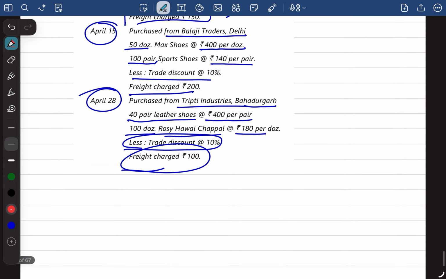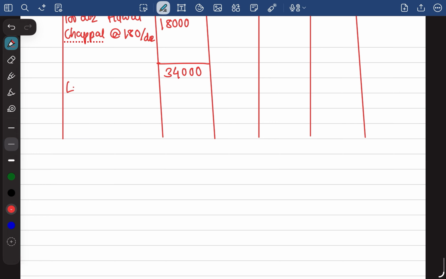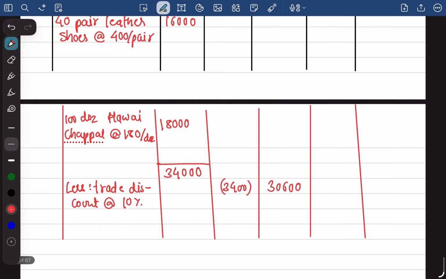Now I receive 10% trade discount, less trade discount at the rate of 10%, so it will be 3,400. My purchase amount is 30,600 and I pay freight of 100 rupees.